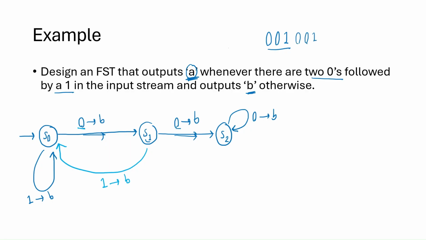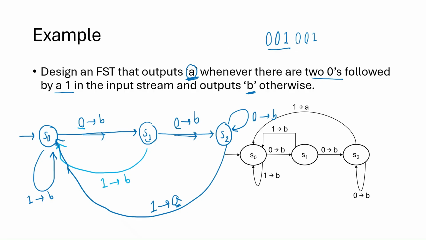And starting over means I need to go back to the initial state. So that's what happens when I see a 1. That's A, which means that I have seen the pattern 0, 0, 1. And then I go back to S0 to wait for the next 0, 0, 1. So that's the finite state machine that satisfies the specification. And here's a cleaner version of that.